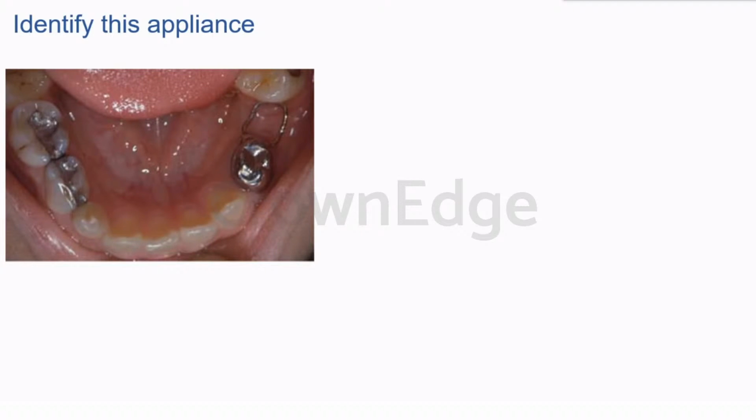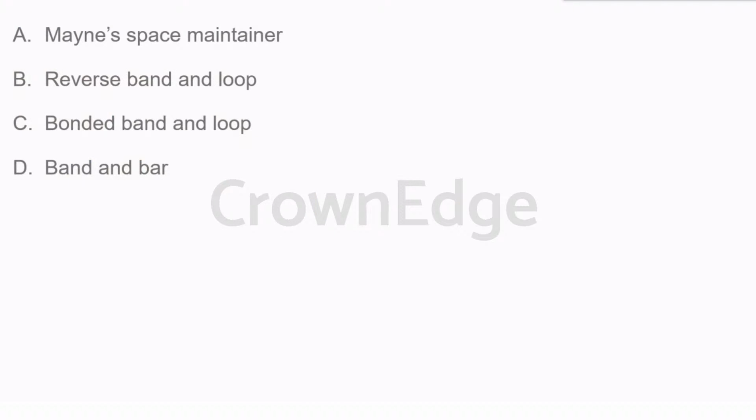Look into the picture again. This is also a modified space maintainer, modified band and loop space maintainer. Most of you are giving options. Keep going. Look into the picture again. Carefully look into the picture and then give an answer.